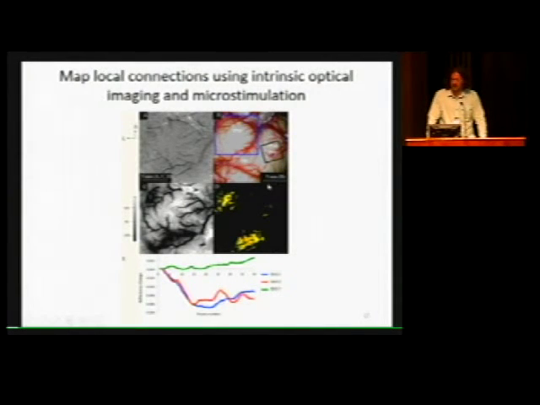And to orient you better here, the black square represents the location of the array in PMD, and a little bit in M1, and this is the area that you're looking at. So essentially what we're seeing is that we can stimulate in PMD and observe activation in a different area in PMV.